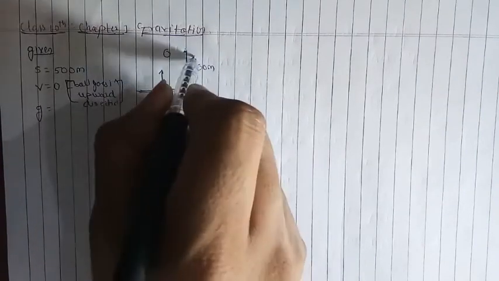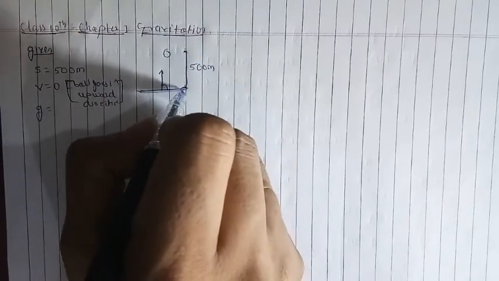That means against the gravitational force. That means gravity will pull this object towards it, gravity will oppose the motion. That means the acceleration due to gravity we have to take negative. It is given as 10 meter per square second.